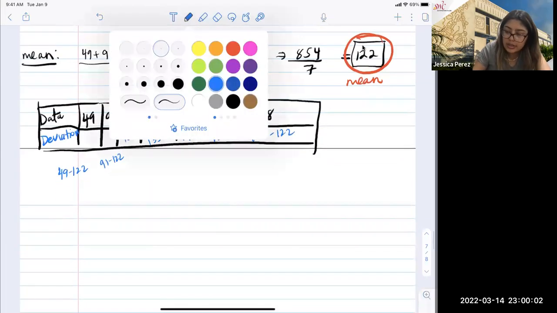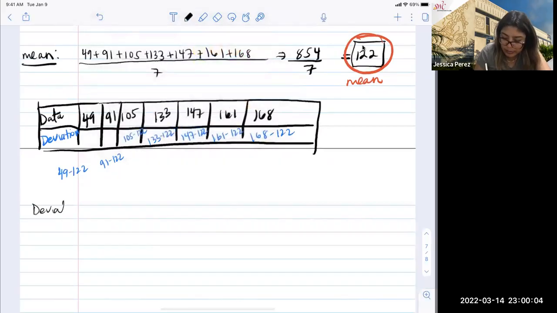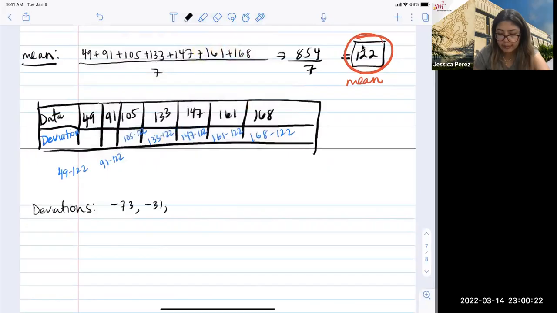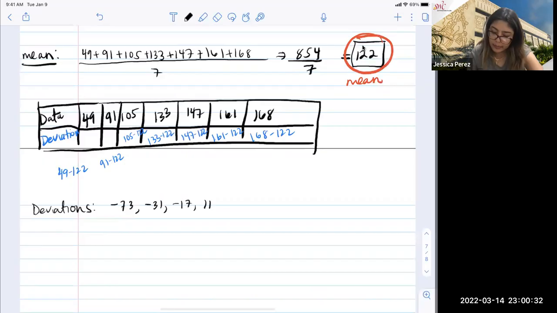So the deviations are going to be 49 minus 122, that's negative 73, comma, the other deviation was 91 minus 122, negative 31. The next one is 105 minus 122, negative 17. Next up is 133 minus 122, so that's 11. And then 147 minus 122, 25.